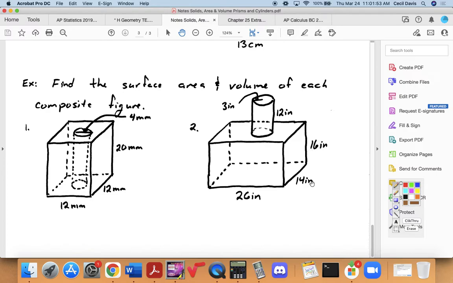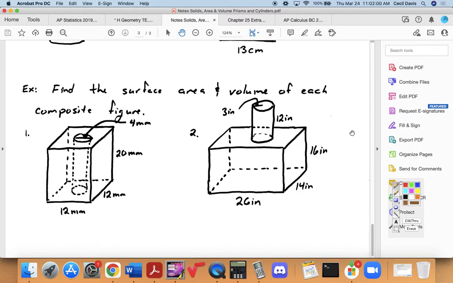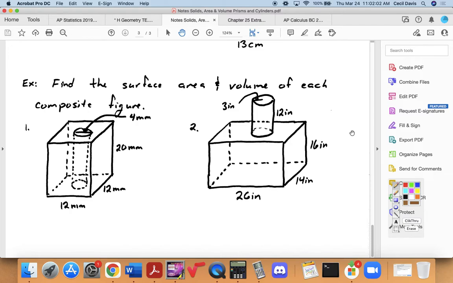Let's take a look at these last ones. These are composite figures, and I want to find the surface area of the composite figure and the volume of the composite figure. I will just tell you right now that for the surface area, if you have 2 figures that make up a composite, the surface area of the composite will never, ever be equal to the surface area of one of the figures plus or minus the surface area of the other one.